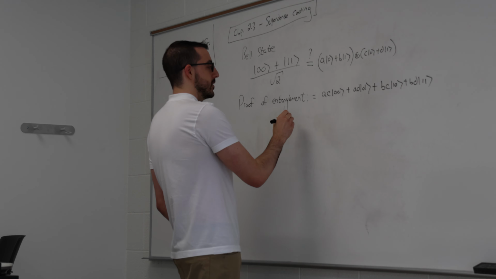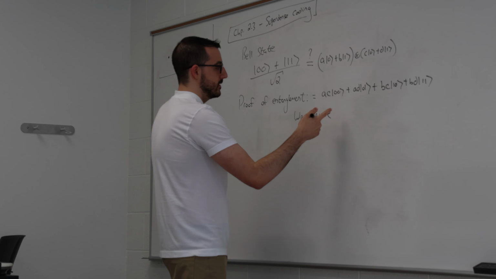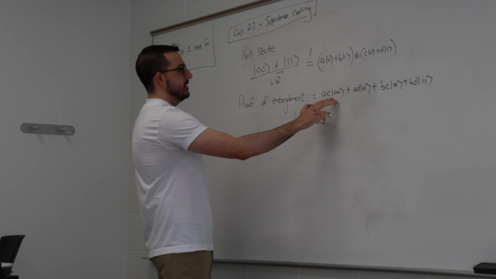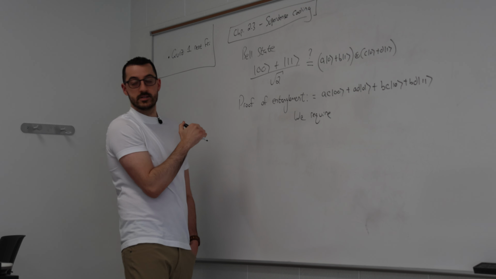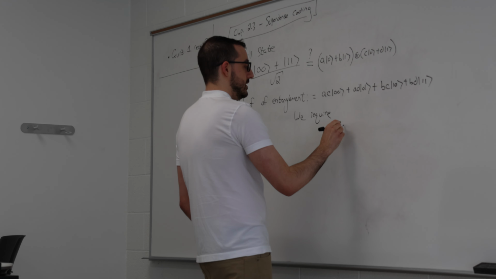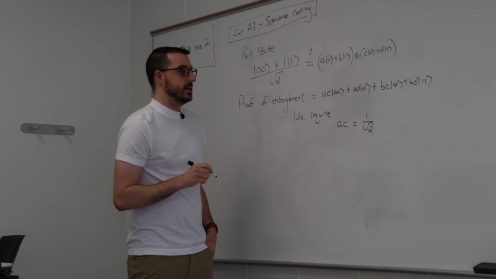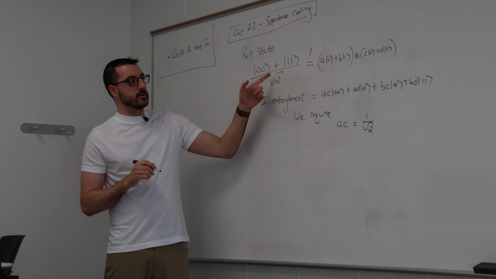So we're going to need to require the following 4 conditions on the coefficients. We need the product of AC to be equal to 1 over the square root of 2 to match, right? I'm just matching the coefficients. So A times C is equal to 1 over the square root of 2. What else do we need? A times D doesn't, there's no |01⟩ state here.